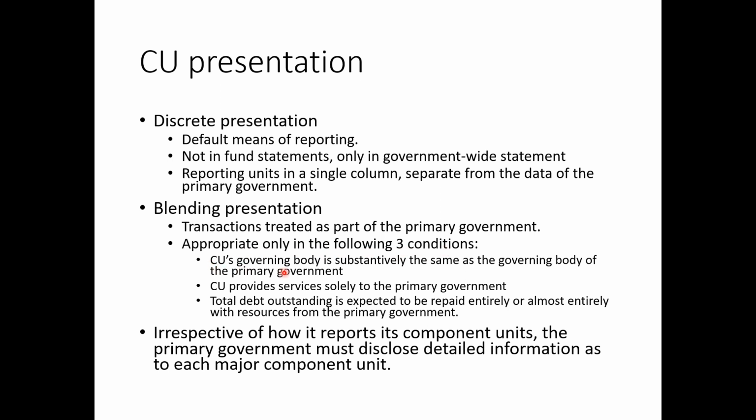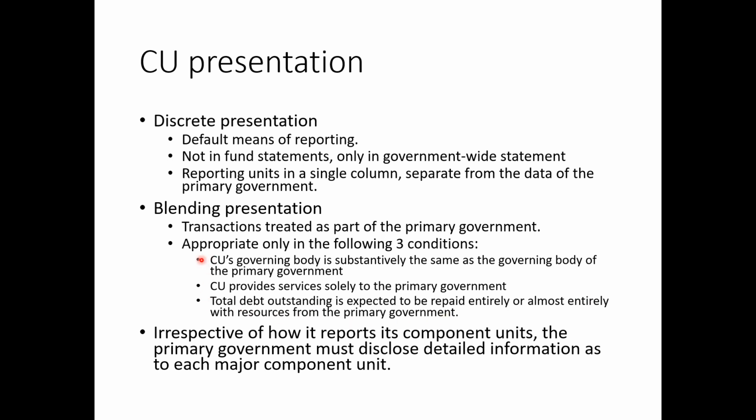The component unit's governing body is substantially the same as the governing body of the primary government. The component unit provides services solely to the primary government, and the total debt outstanding is expected to be repaid entirely or almost entirely with resources from the primary government.